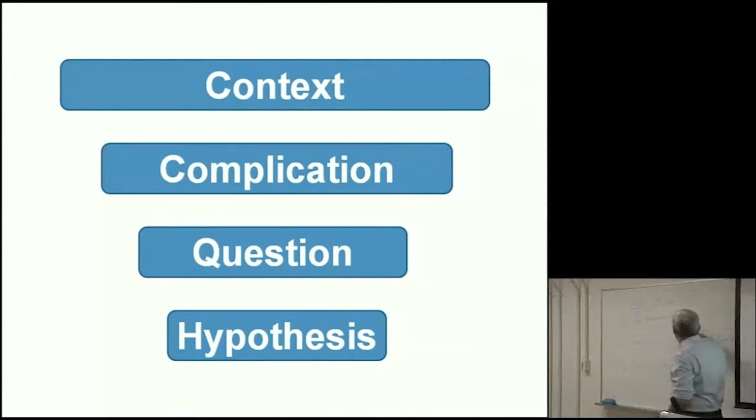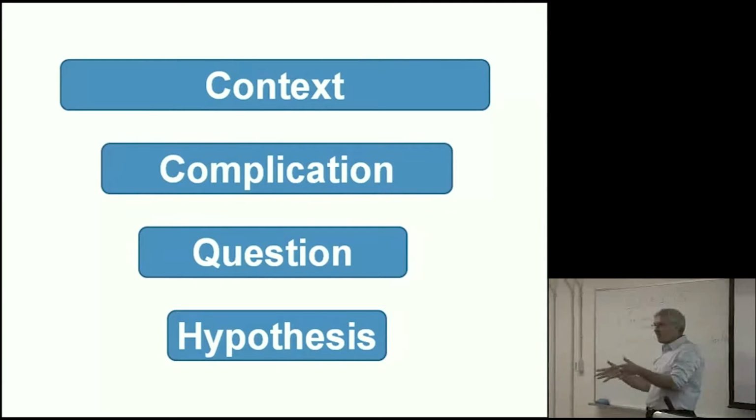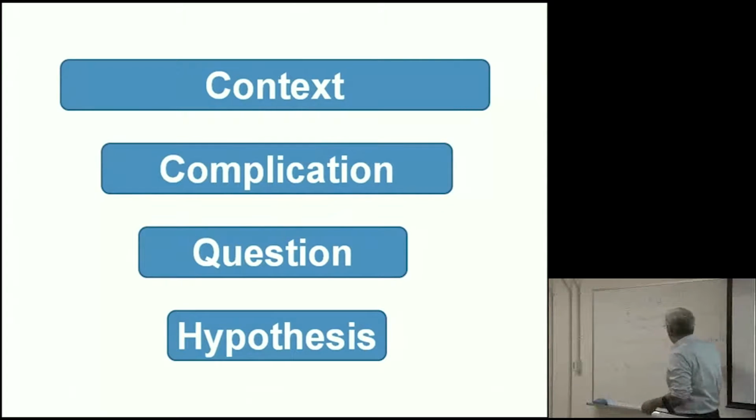And so in the next paragraph, it's my experiments, or my research. And it then tells you what research it does. First of all, they do it on rats, and they explain why do they do it on the rats. And then when they've got success in the rats, they go on to human culture cells, not humans themselves, but culture cells. And so it's coming down from context through complication, question to hypothesis.